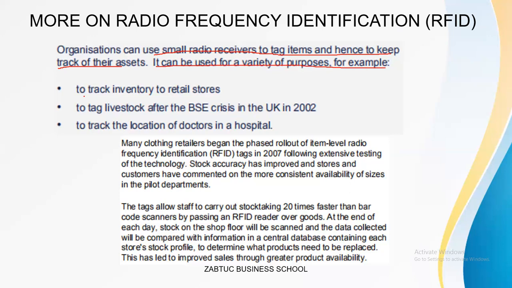For example, to track inventory in retail stores, to tag livestock, like after that disease, the so-called mad cow disease in the UK in 2002, so that we tag livestock, we know which livestock is infected, which one is not, and all that.